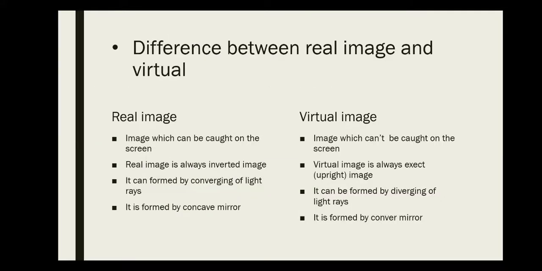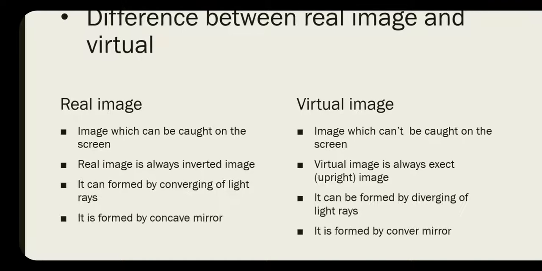See here, the difference between real image and virtual image. An image which can be caught on a screen is called a real image. An image which cannot be caught on a screen is a virtual image. A real image is always inverted.